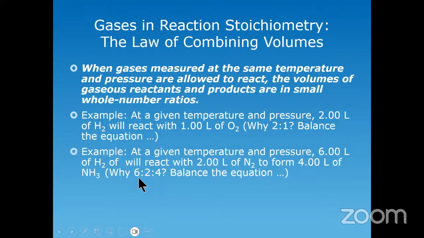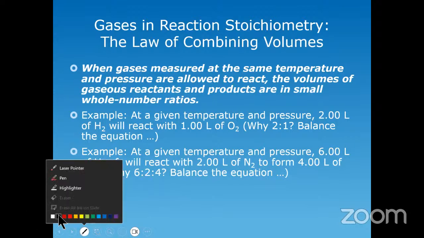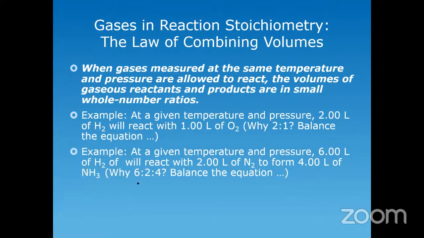And you'll notice, of course, by simple arithmetic, that this ratio is the same thing as 3:1:2, right? And again, if you go to the balanced equation for the reaction, nitrogen plus hydrogen to form ammonia, to balance this, we're going to need 2 of these here, and we're going to need 3 of these here, right?